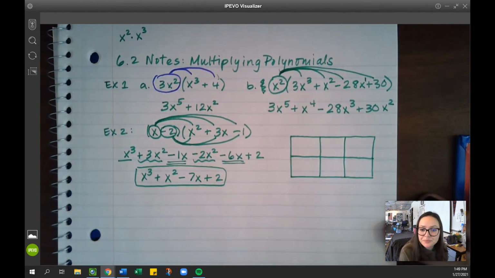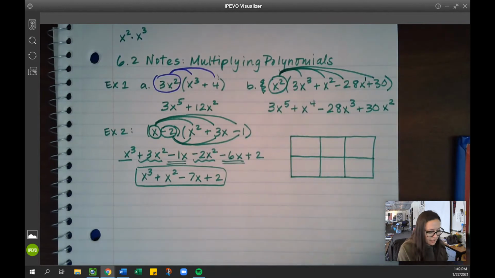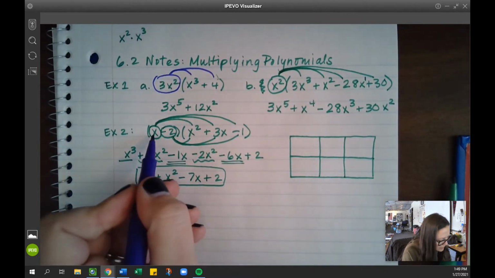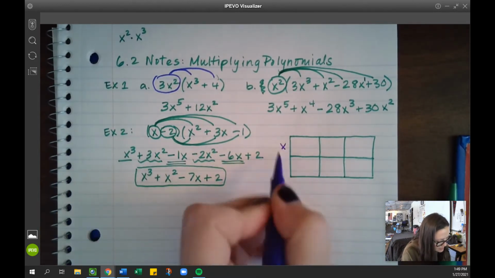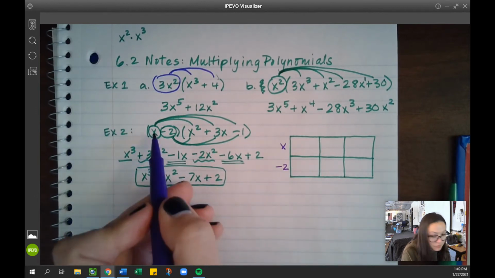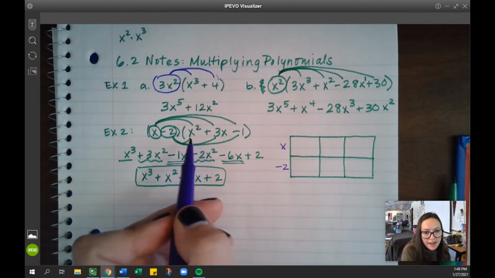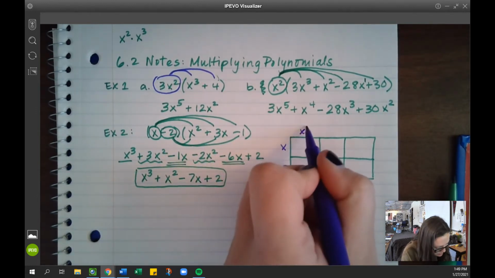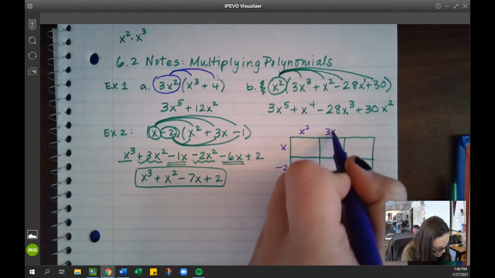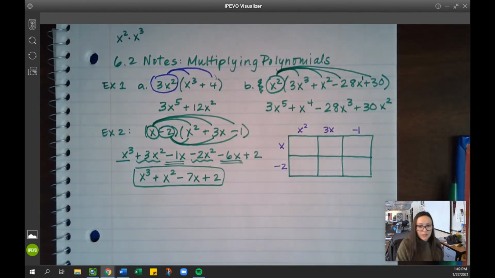Like this. And then on the side, I'm going to write x and negative 2 for the x minus 2. And then along the top, I'm going to write x squared and 3x and negative 1.